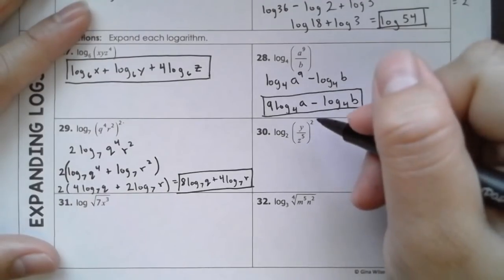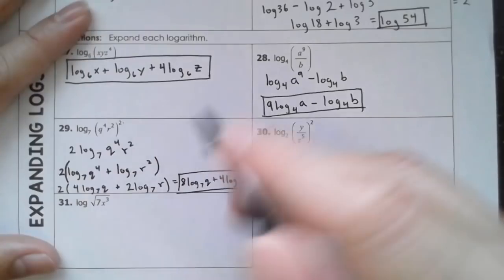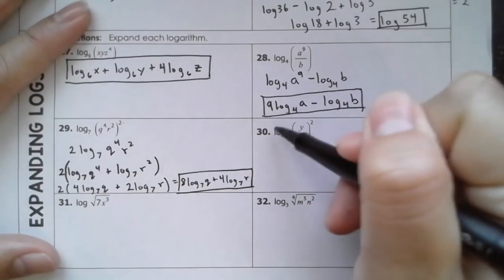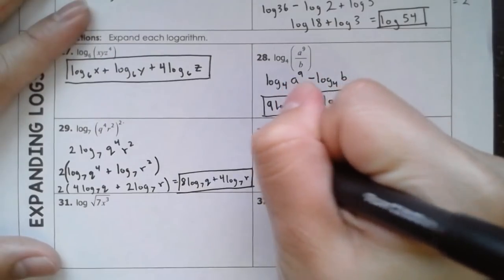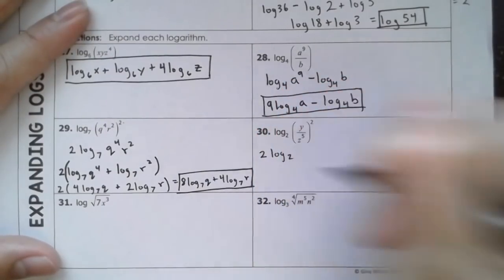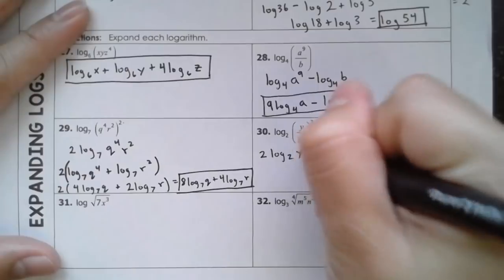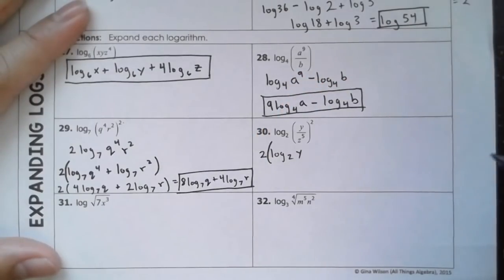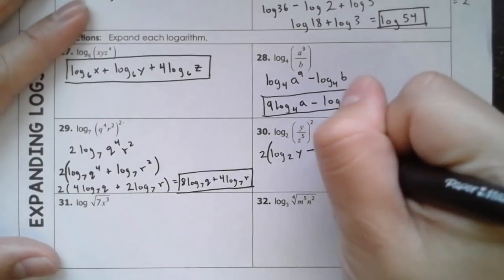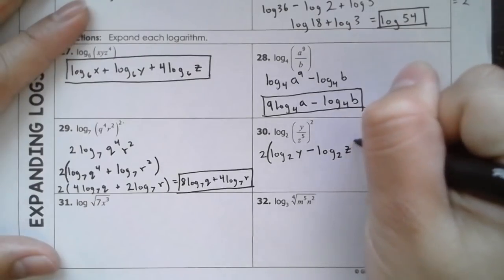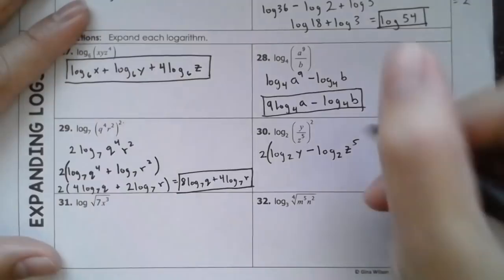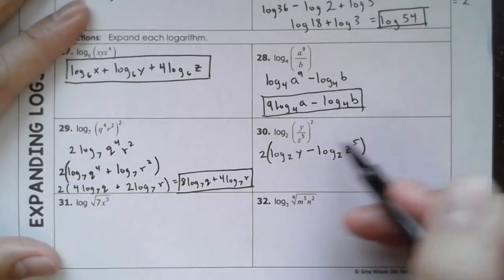For this one, okay, properties of exponents. Again, multiple ways you could go about it. I'm going to take the same approach here, and I'm just going to move the exponent first to the front and distribute later. So I have 2 log base 2 of y, I need the parentheses there, minus log base 2 of z to the 5th, and then I can move this exponent to the front.